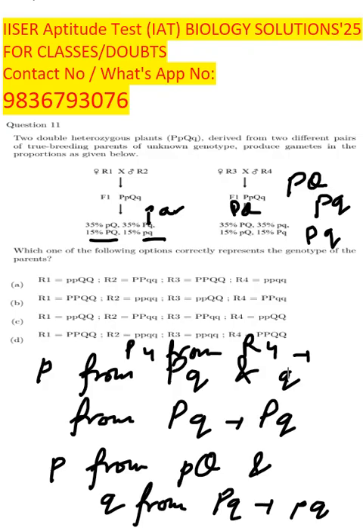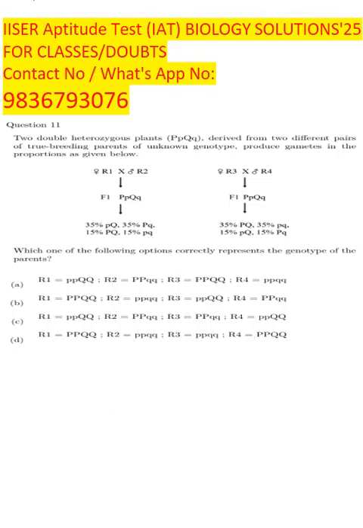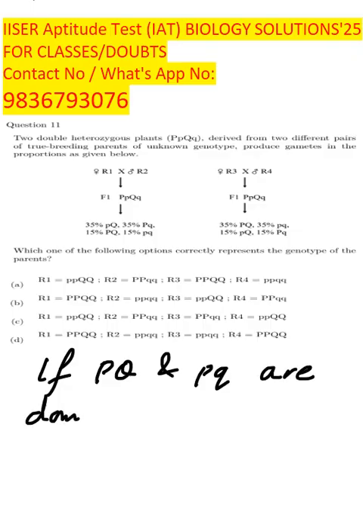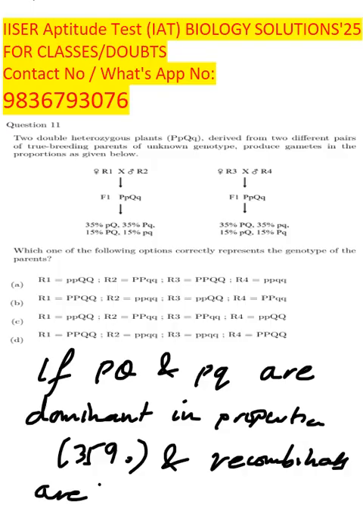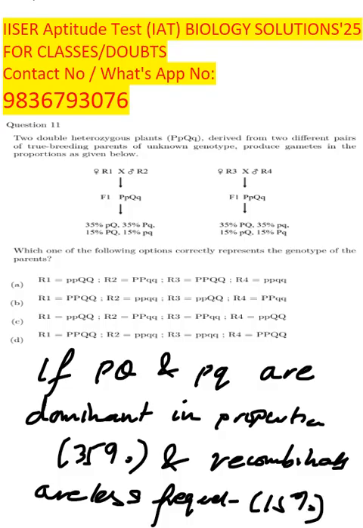So here if this and this are dominant in proportion, that is 35%, and the recombinants are less frequent, 15%, then this again confirms partial linkage.